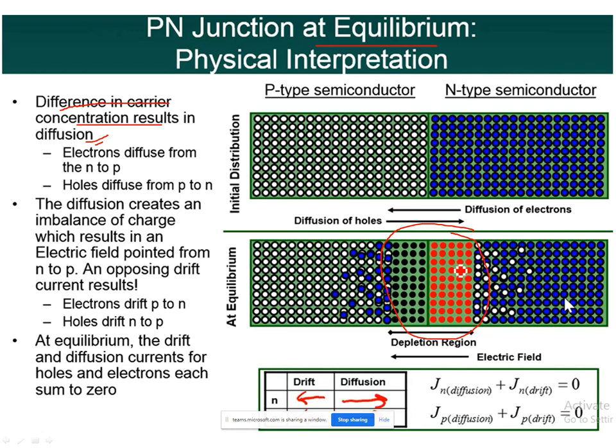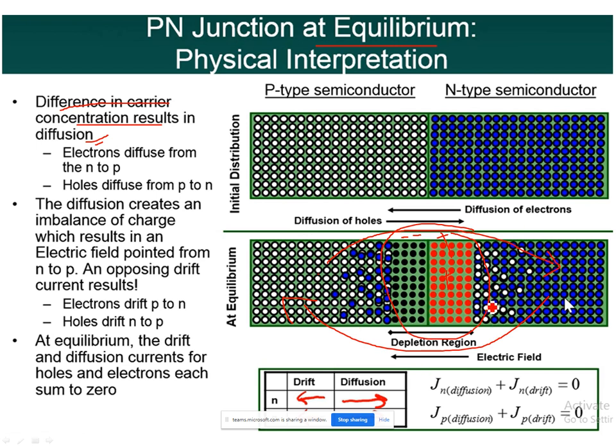Now here we are seeing a positive charge developed across every arsenic ion, and a negative charge developed across every boron ion, right? We have already seen that the holes from the p type material try to move towards the n type material, and the electrons from the n type material try to move towards the p type material.